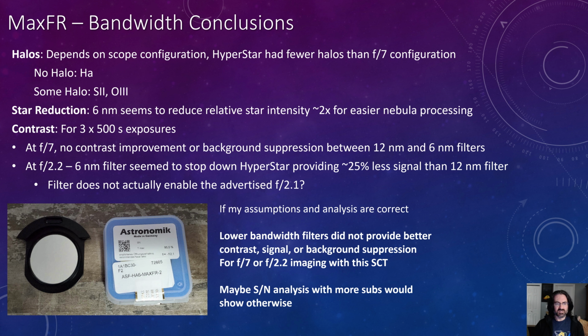So does that mean that the filter does not actually enable the advertised f2.1 that we were seeing? Contrary to what was expected, the lower bandwidth filters did not provide better contrast, signal, or background suppression for either f7 or f2.2 imaging with this SCT and camera setup.